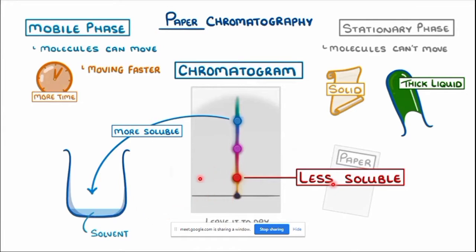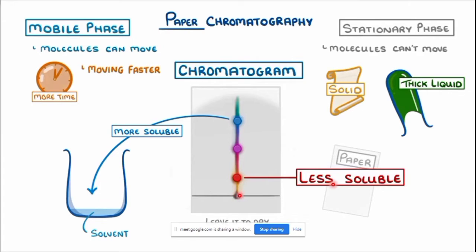Kapag dinip natin itong filter paper natin dito sa solvent, ang nangyayari, yung solvent ay aakyat dun sa ma-absorb ng filter paper natin. At habang umaakyat yung solvent natin, ito yung solvent na parang basa, medyo dark ng konti na part ng papel. Habang unti-unting umaakyat yung solvent dun sa papel natin, pati yung mga substances na nandito sa ink na to ay madadala ng solvent natin.